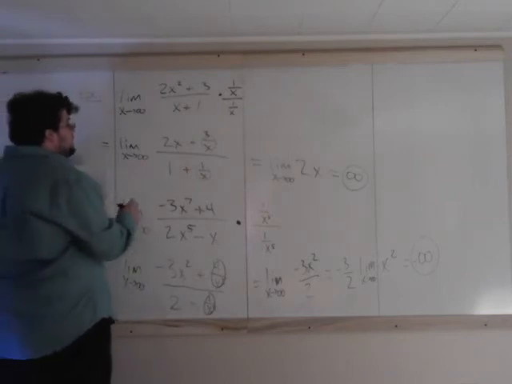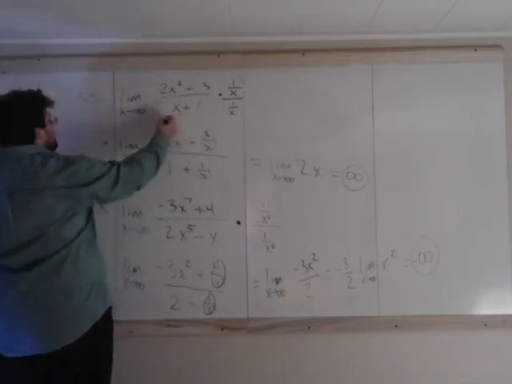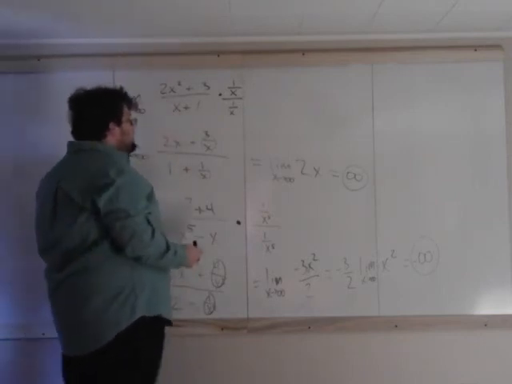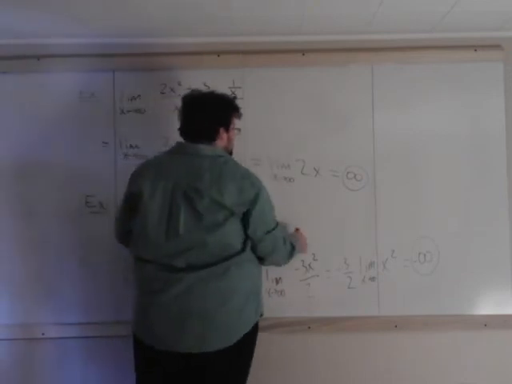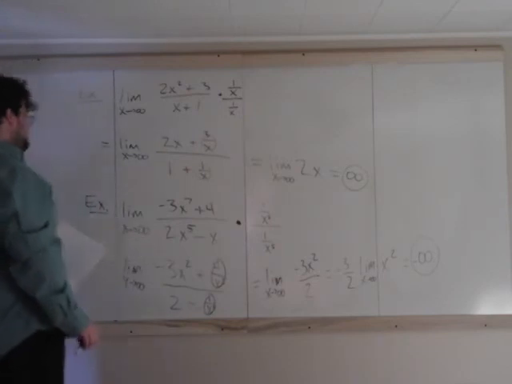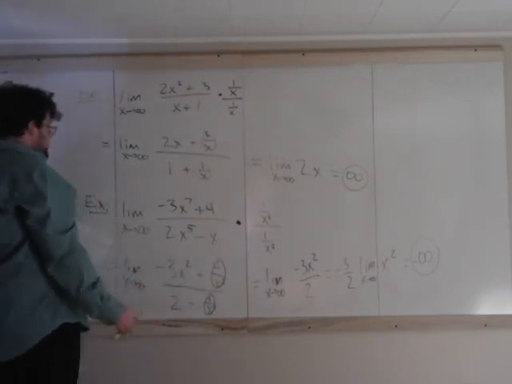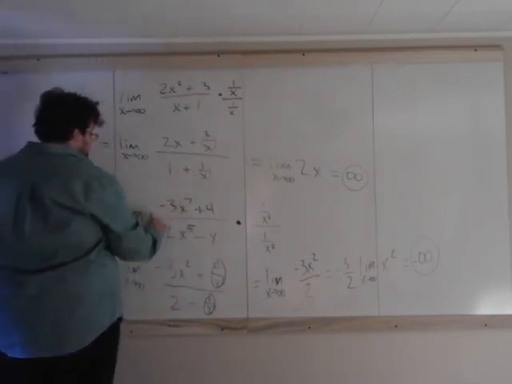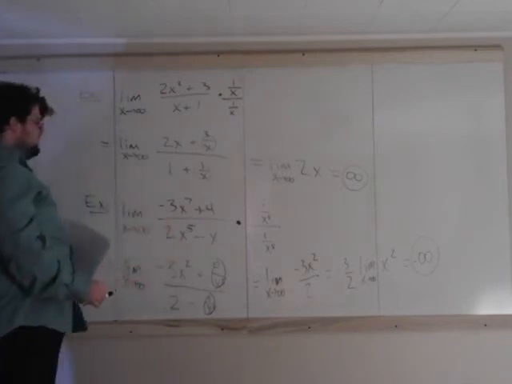Look at the largest terms here. 2 and 1. Those are both positive numbers. And we have a limit to positive infinity. The positive numbers don't change the sign of that infinity. Similarly, over here, the coefficients negative 3 and positive 2.